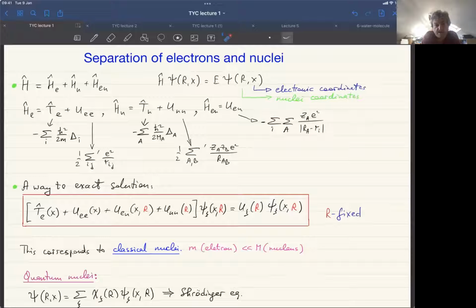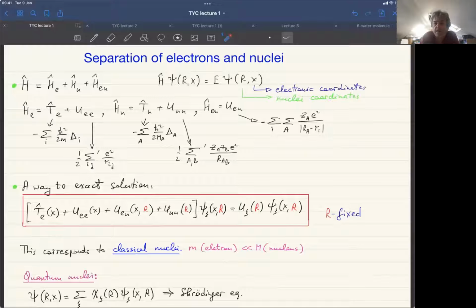If the nuclei are frozen, we can forget about the kinetic energy of the nuclei and consider simply electronic problem. When nuclei are frozen, positioned at some points described by this vector variable r, it's a variable which contains all the coordinates of all the nuclei in our system. Yeah, so it's not just one variable, it's not a single variable, it's basically a vector.